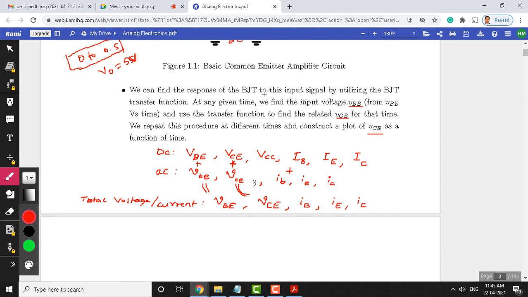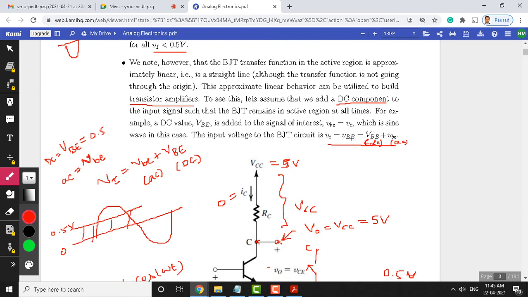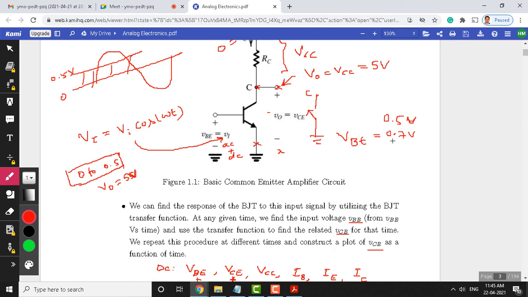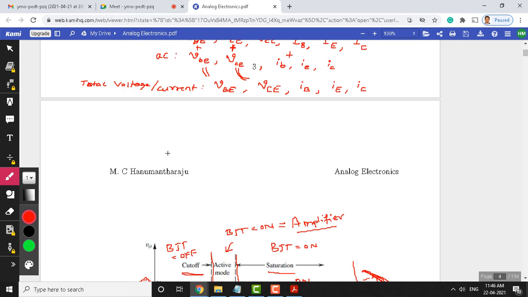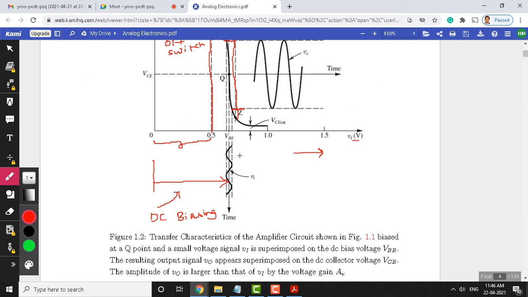So, in response to the BJT for the input signal that we have applied, this is the input signal, Vi is equal to capital VBE plus small vbe. With reference to that, the signal will produce the output utilizing the BJT transfer function here. At any given time we can find the input voltage vBE, which is the total base emitter voltage. We can also plot VBE versus time. You are seeing here the same curve, VBE versus time.